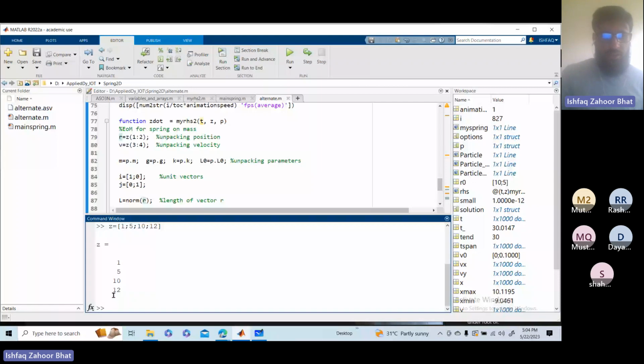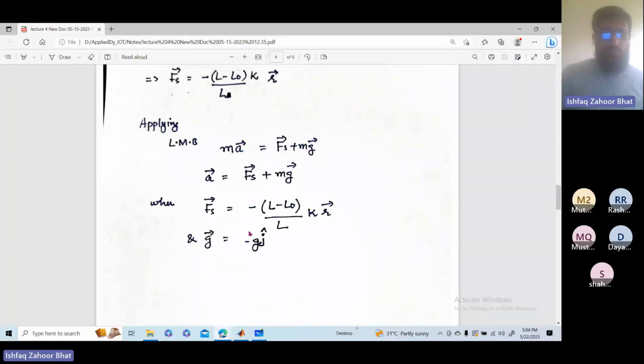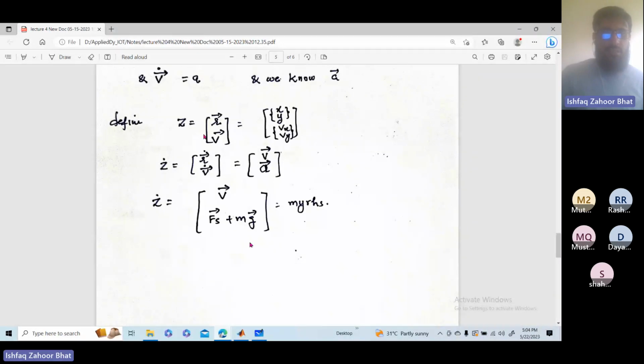But if you remember correctly, this Z was R and V, and R had 2 components, X, Y, and V had 2 components, Vx, Vy. So basically, the first component of the Z vector represents the X component of position. Second element represents the Y component of the position. And the third element represents the X component of the velocity. And the fourth component represents the Y component of the velocity.